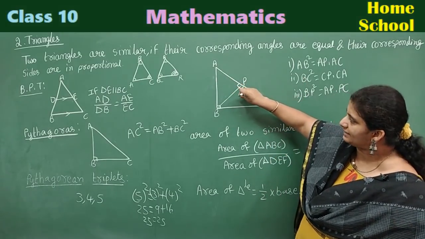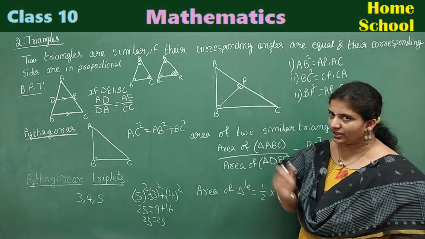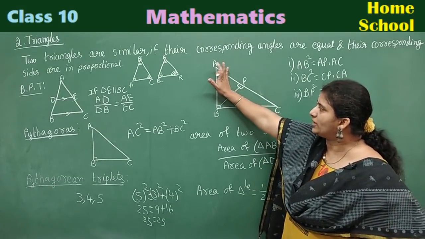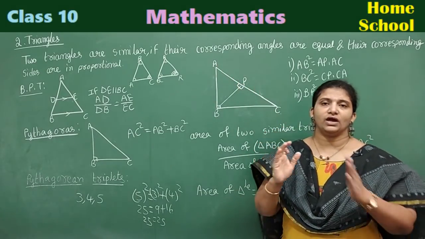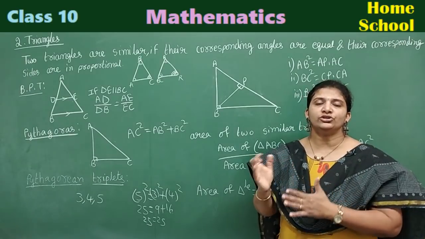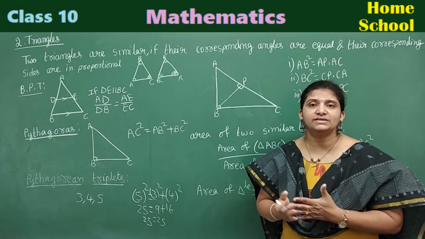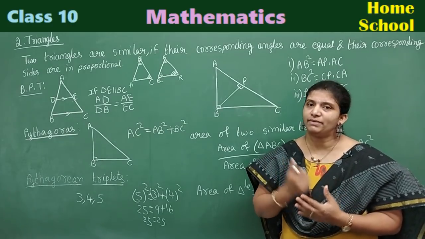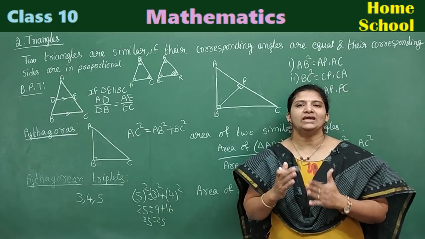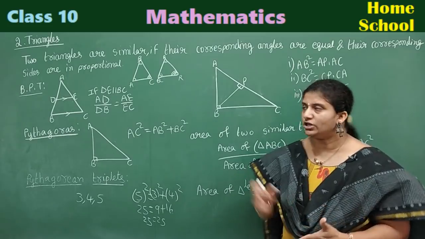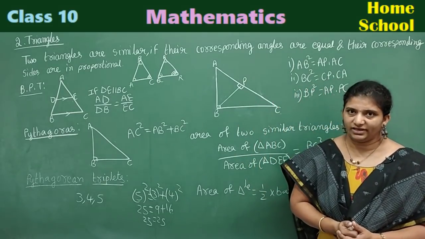This triangle and this triangle, if you compare, you are going to get one formula. And this small triangle and this small triangle, if you compare the two triangles, you can make them similar. If they are similar, then the sides are in proportion. So when you equate the sides ratio, you are going to get these formulas.